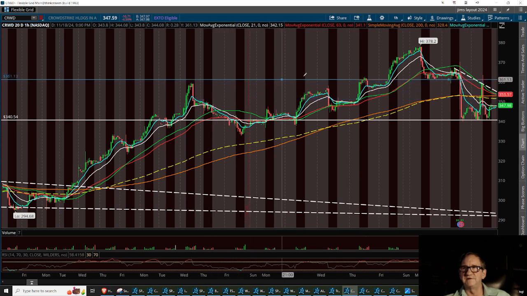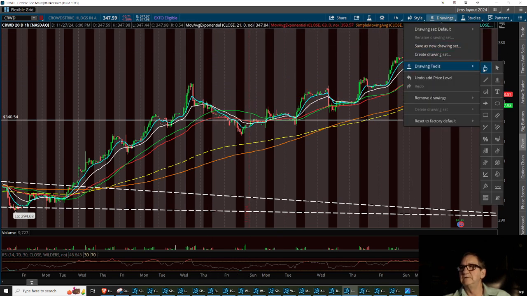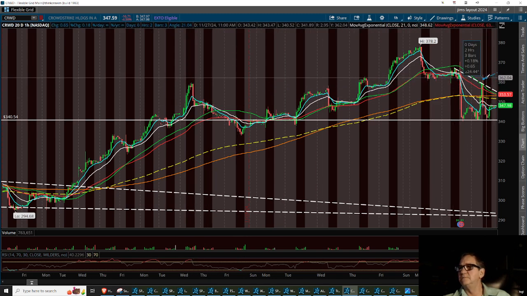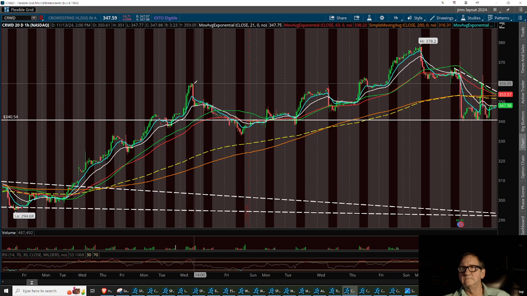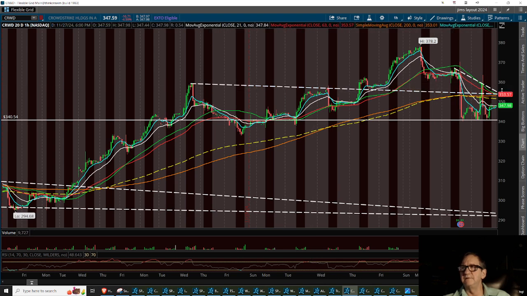And then you've got resistance right here. There it meets up with that resistance, so it runs into all them moving averages. That could be a good exit idea.